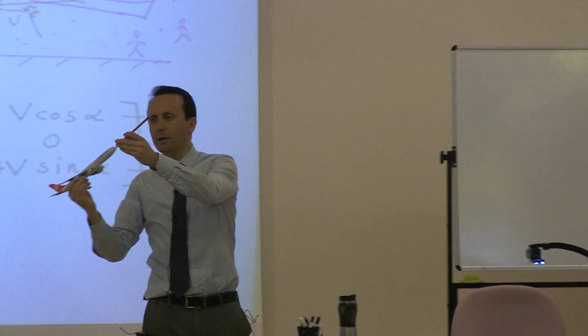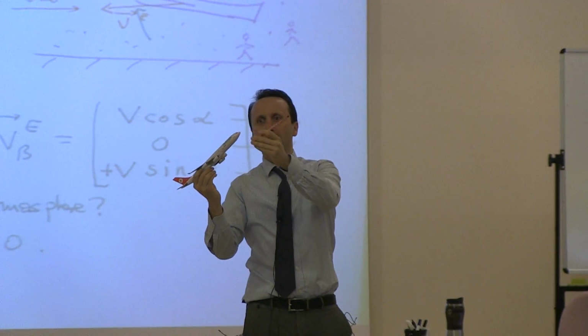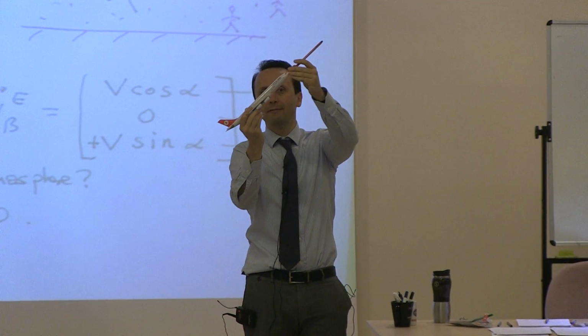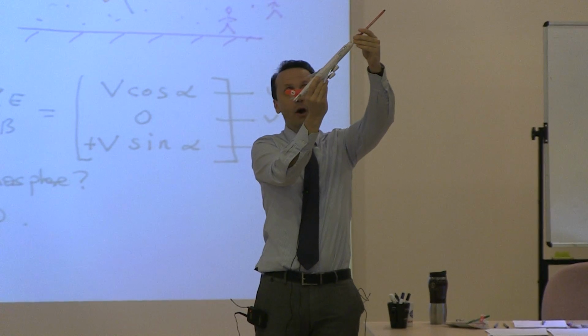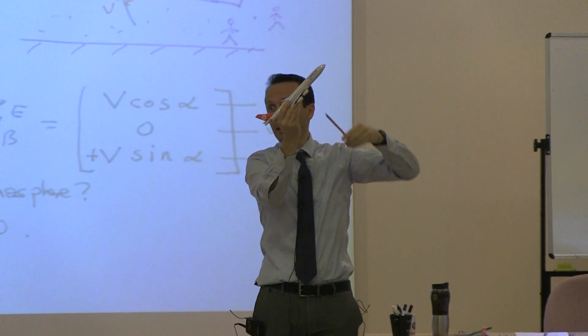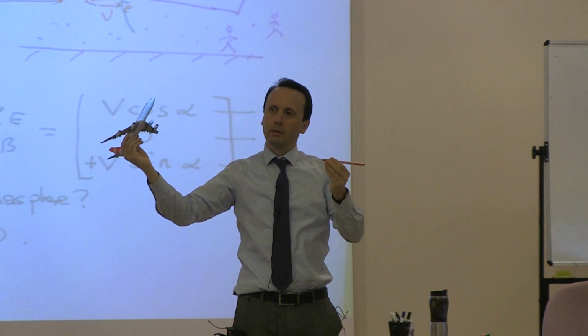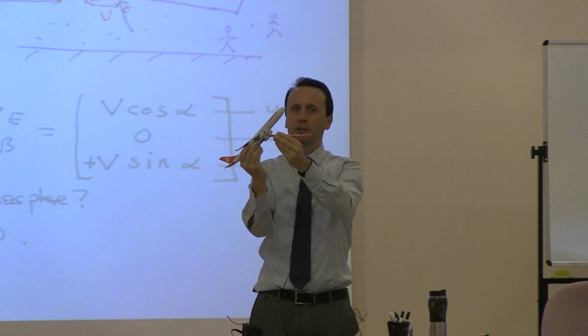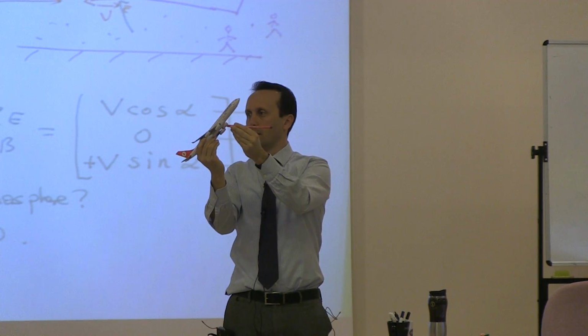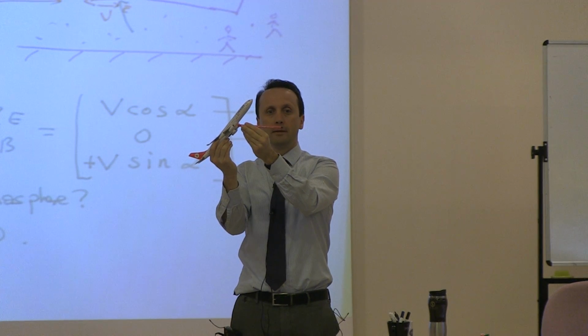Question. If you're going up like this and alpha is equal to 0, is there a w component of the velocity vector? No, everything is going in that direction, there's no w component. Now lots of angle of attack, and this is your velocity vector. Is there a w component? Yes, of course.